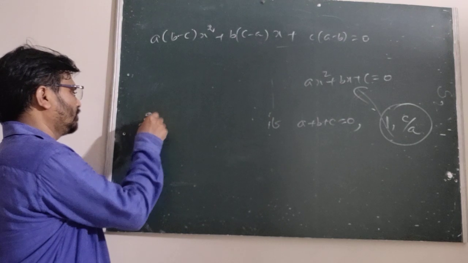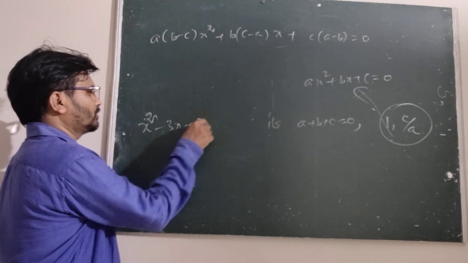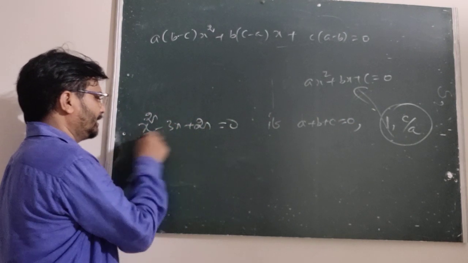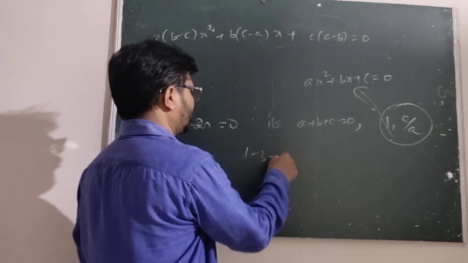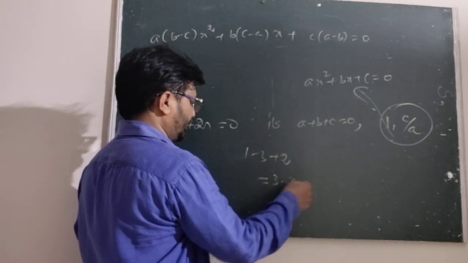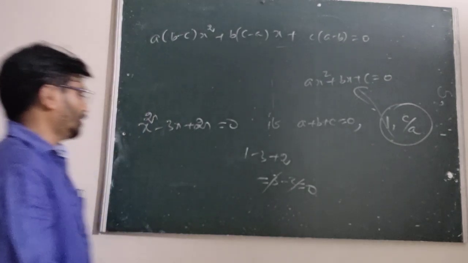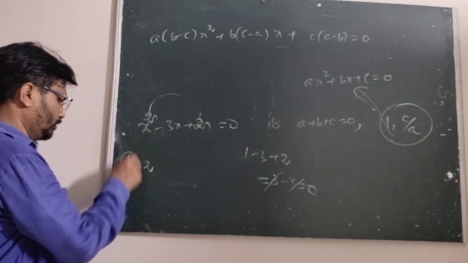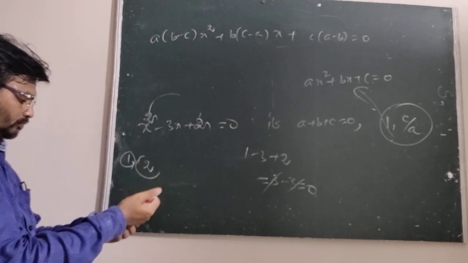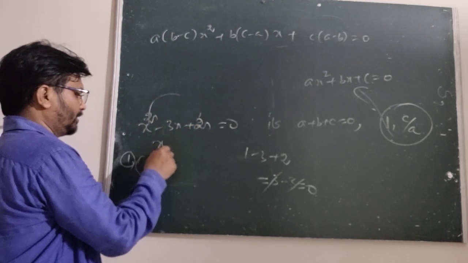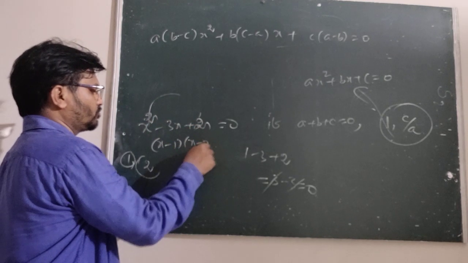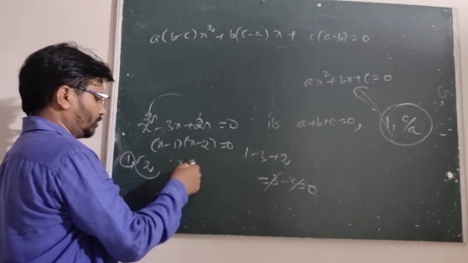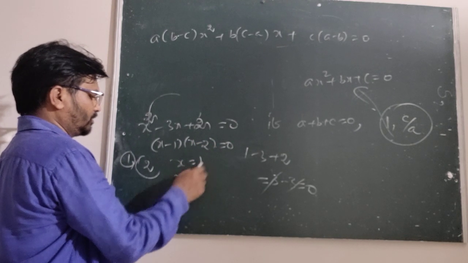Now taking for example x square minus 3x plus 2. Here adding all these coefficients, 1 minus 3 plus 2 is 3 minus 3 equals 0. Now what are the roots here? 1 and c by a. C by a is 2. We know that the quadratic expression expands into two factors, x minus 1 into x minus 2 equals 0, x equals 1 and x equals 2.